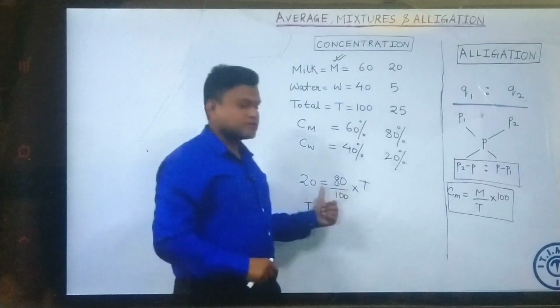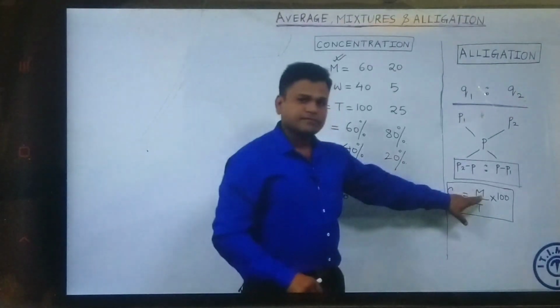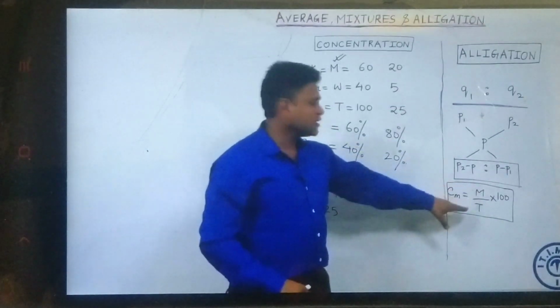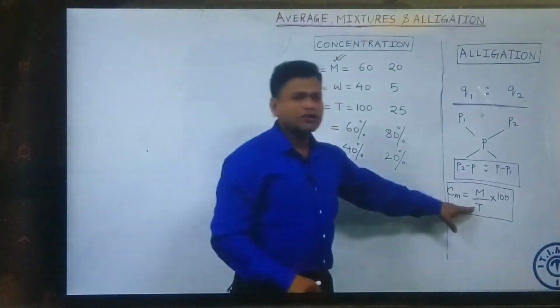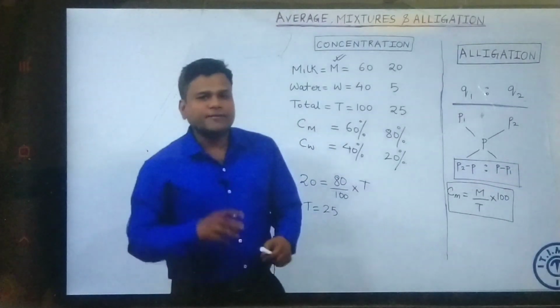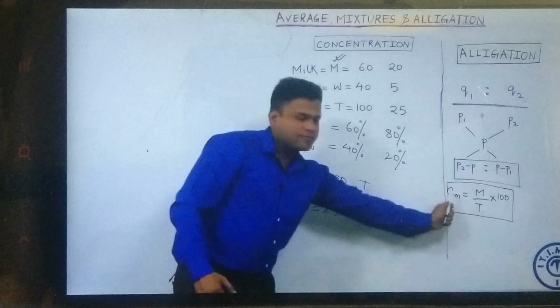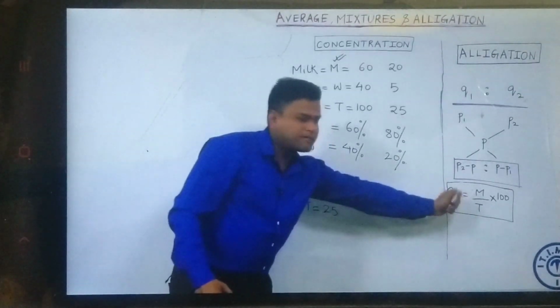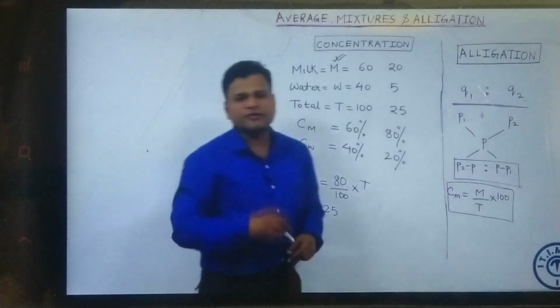Just now we saw that if the concentration and the milk quantity are given, we can find out the total quantity. In the same way, if you are given the total quantity and the concentration, we can find out the milk quantity. So there are three different possibilities: concentration and total given, concentration and milk given, or milk and total given. Thereby we can find out the third parameter.